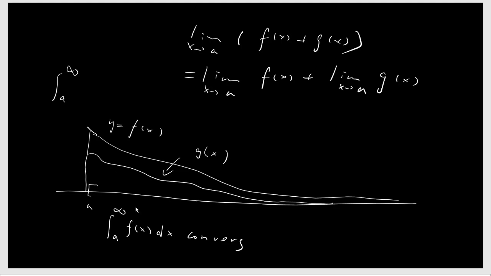It means if the integral from A to infinity of f of x is convergent, then the integral from A to infinity of g of x is also convergent. So does that make sense? Yeah, that's the meaning. Actually, that is the statement.